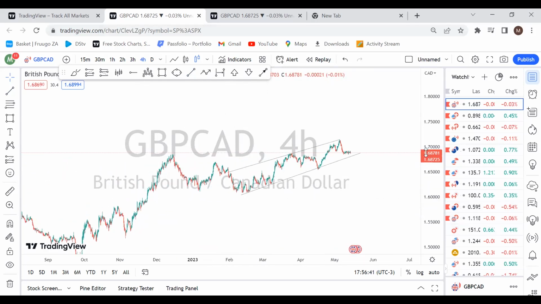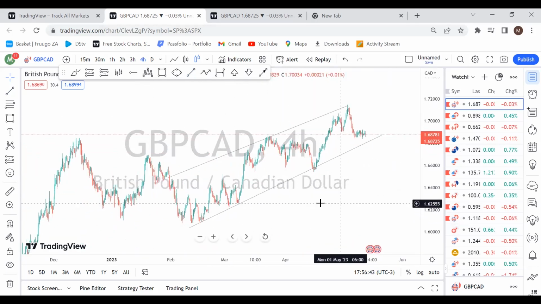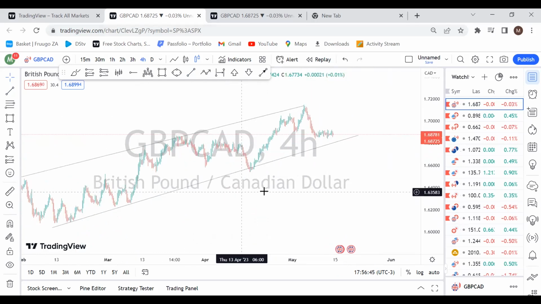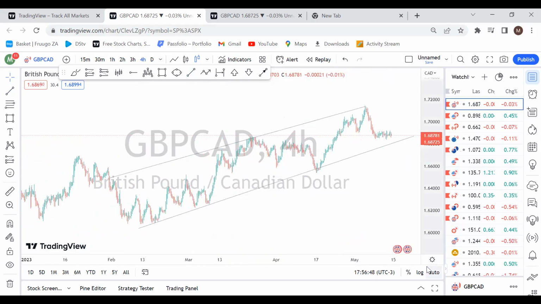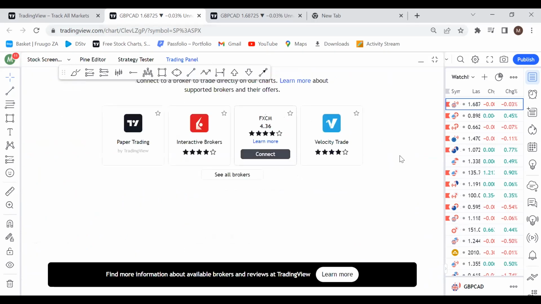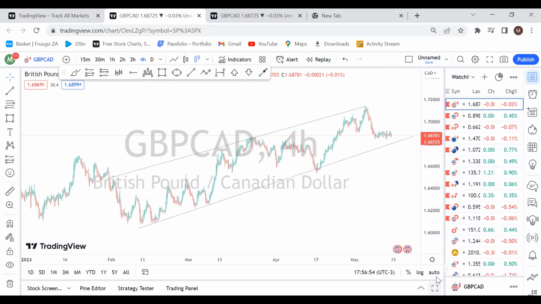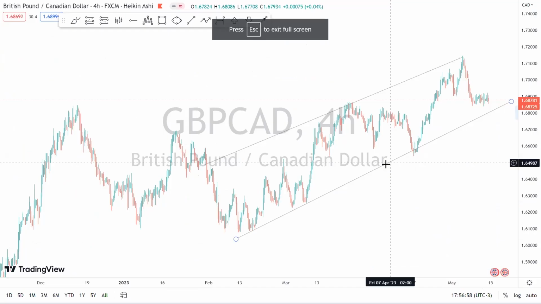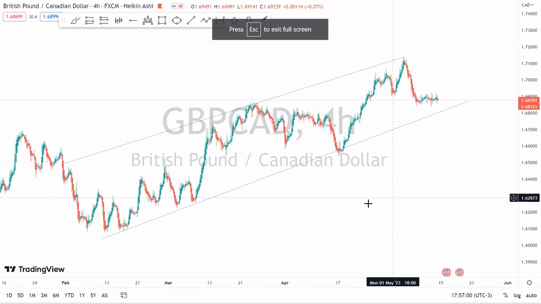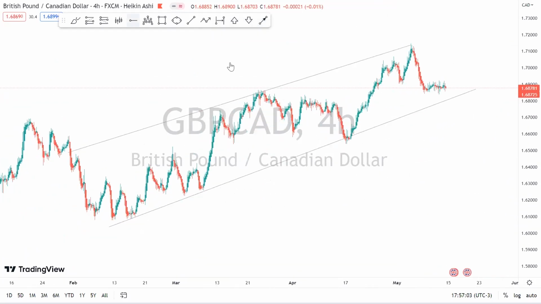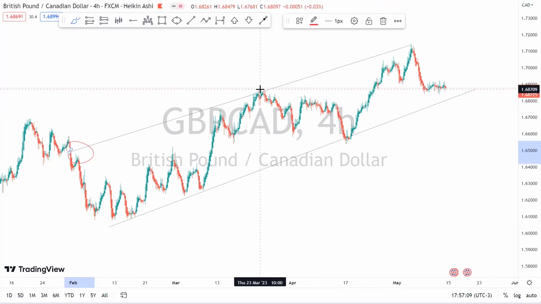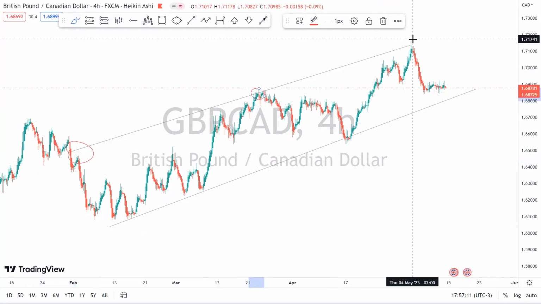So I zoom in. We're still in the 4 hour time frame. Right now we have figured out our structure, and this is our structure right here. As you can see, we had a few touches: this is the first touch, second touch, and the third touch.